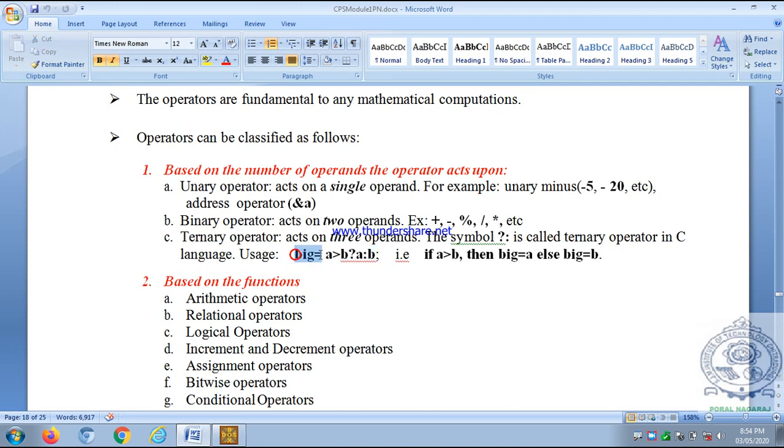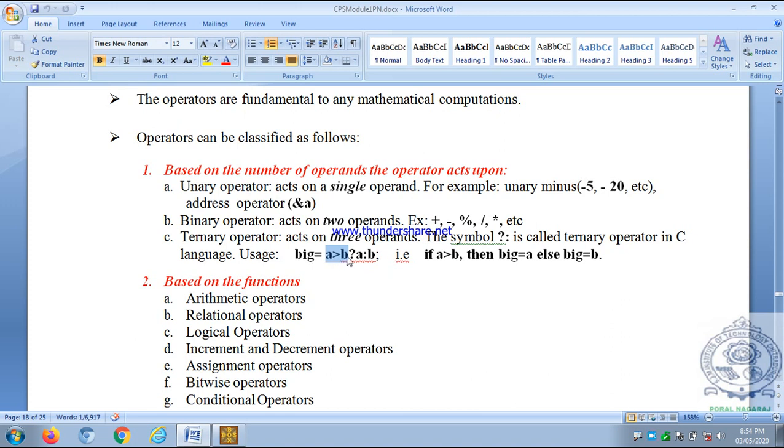Its usage is something like this: big assigned value a greater than b question mark a colon b. It means if the value of a is greater than the value of variable b, then the content of a will be copied into big. If the condition a greater than b is true, the content of a is copied into variable big.